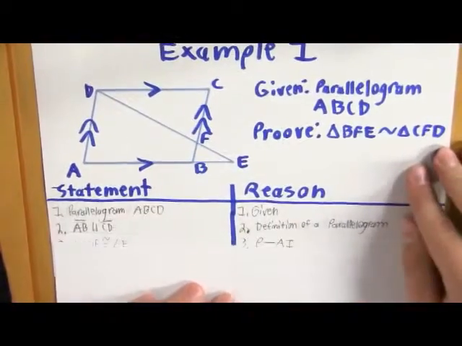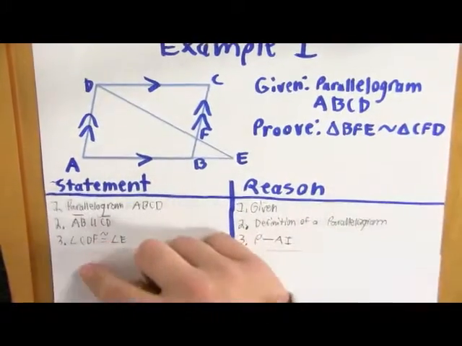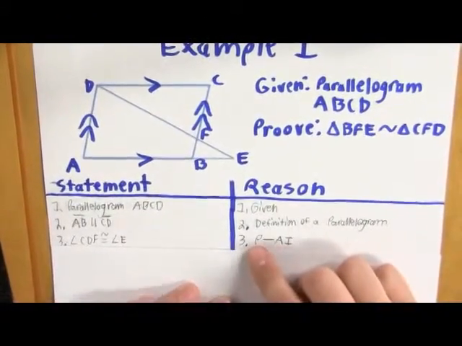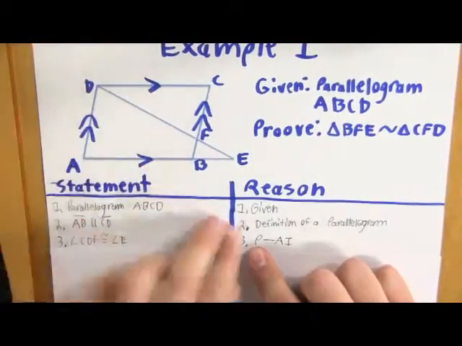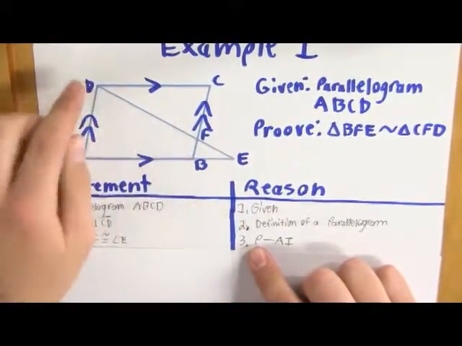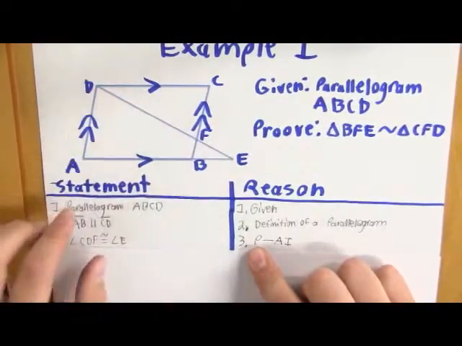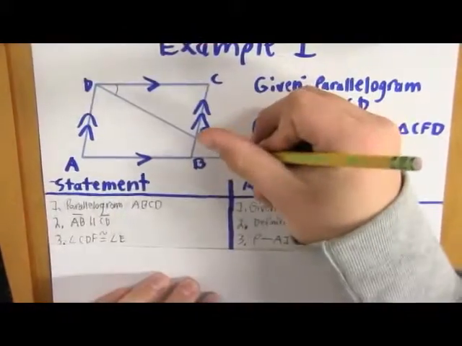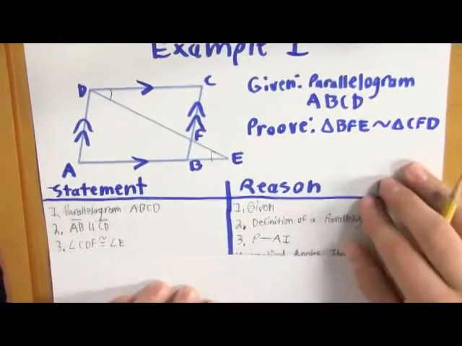The third step is going to be to say that angle CDF is congruent to angle E. And the reason for this is that here we have 2 parallel lines. BE is an extension of one of those parallel lines, and alternate interior angles, in which here DE is the transversal, are congruent. And so we say that those 2 there are congruent.